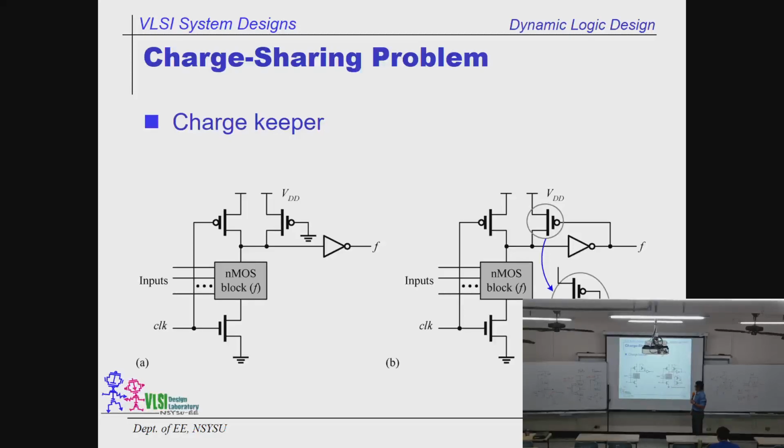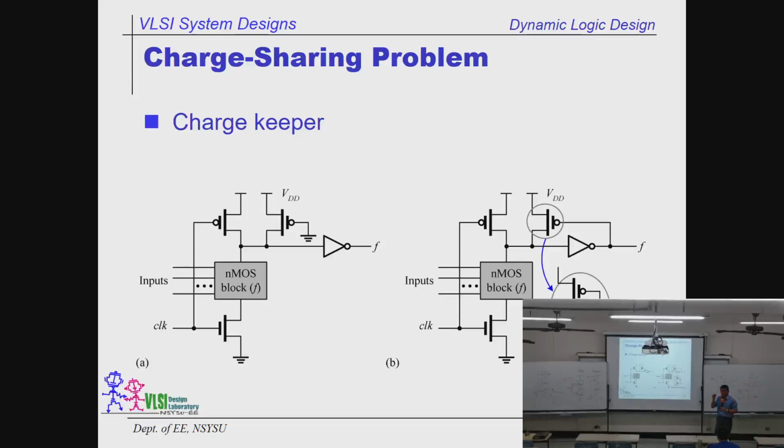So that all the charge that was taken away will be pulled back, compensated by this extra device. This is called a keeper. The keeper could be a single inverter, or can be done this way. It's a practical implementation. This will become the switch, and this is a current source. So this is charge keeper. No matter which one you use, they cannot be too large. Basically, these keeper devices are very narrow width but with a long length.